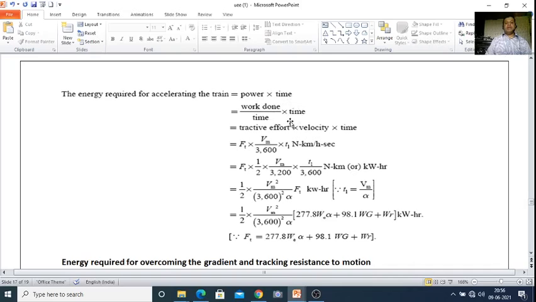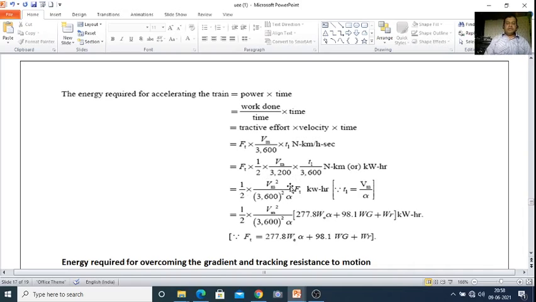Time gets cancelled here, and work done by time can be written as tractive effort into velocity into time. Either you can directly say that work done is equal to energy, or else you can say tractive effort into velocity into time also gives the energy, that is Ft into Vm by 3600 into t newton kilometer per hour per second. So Ft into 1 by 2 into Vm by 3600 into t1 by 3600 newton kilometer will be the equation here.